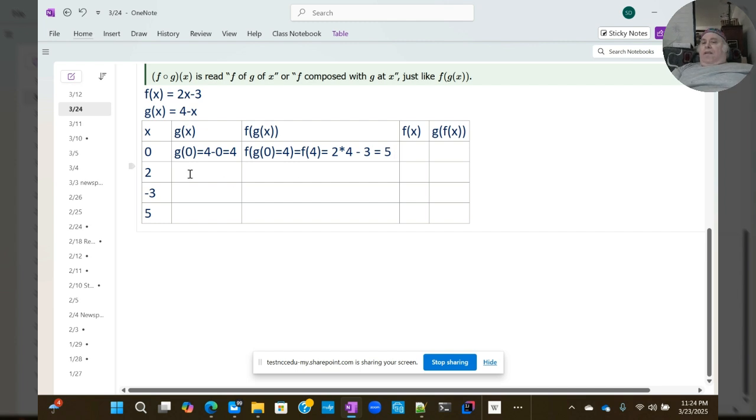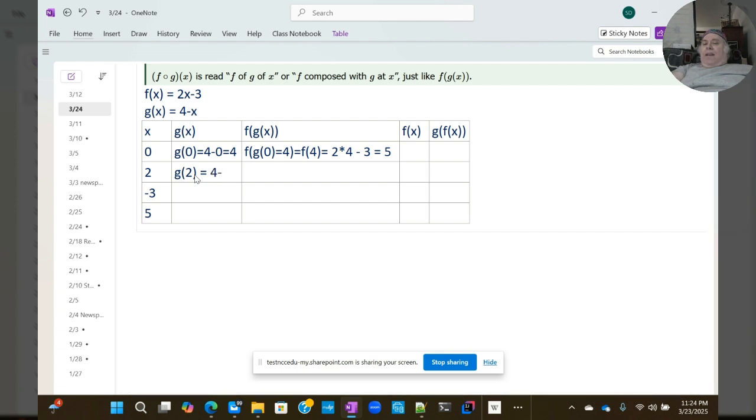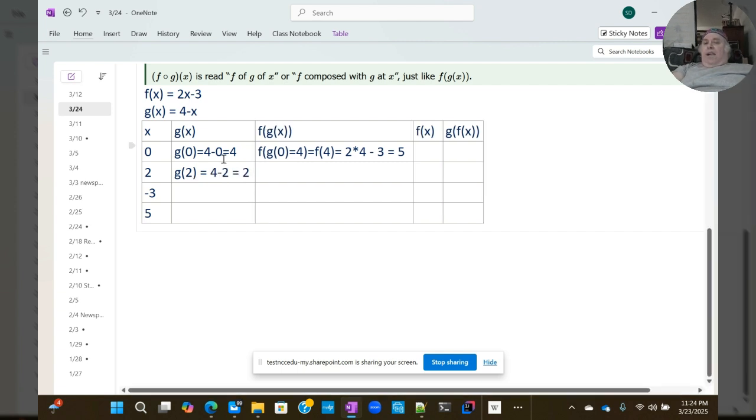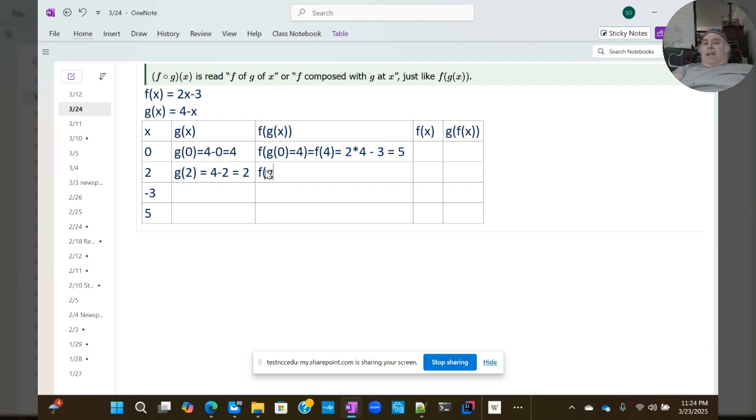Or we could do the same thing with g of 2, which equals 4 minus 2, which equals 2. f of g of 2 equals f of 2, which equals 2 times 2 minus 3, which equals 1.